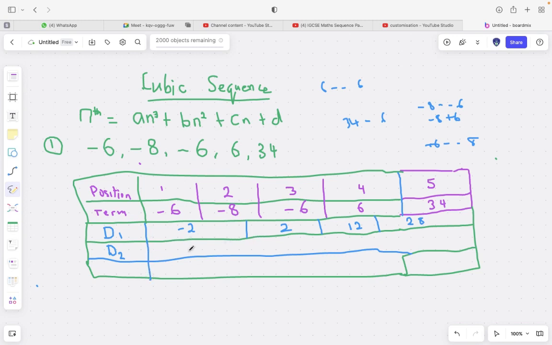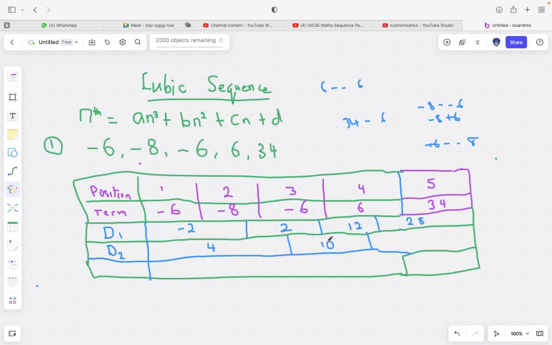So that's the difference between this and this now. 2 minus -2, that's 4. Am I right? Minus minus is plus, so we get 4 here. Then the difference between this and this, 12 minus 2 is 10.